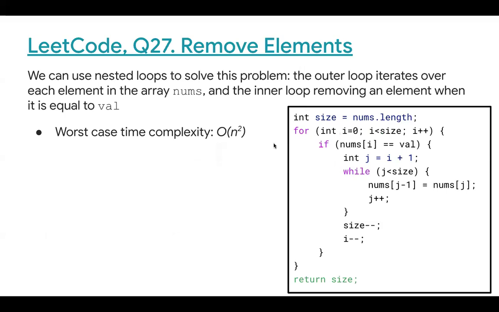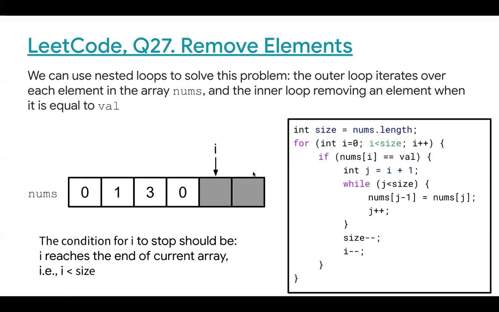Of course, because the problem requires us to return the number of elements that are not equal to val at the end, as you can see, I add another line of code, return size. After we iterate over all the elements and remove the occurrences of val, the size of the resulting array is the same as the number of elements that are not equal to val.